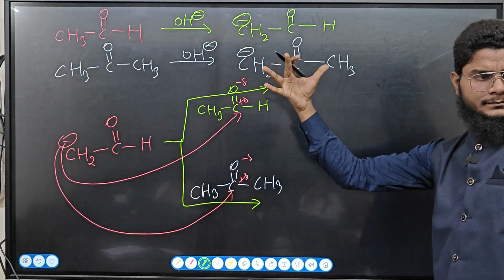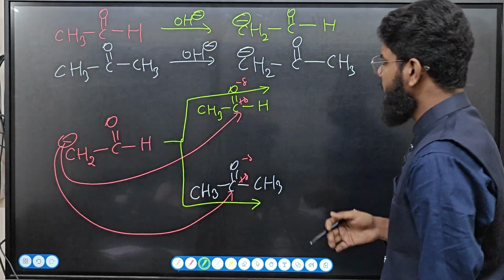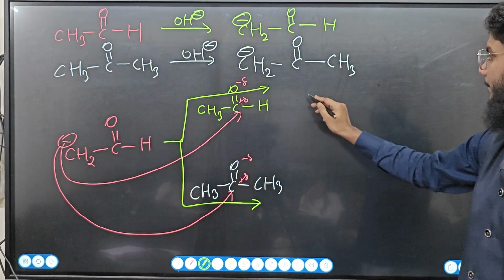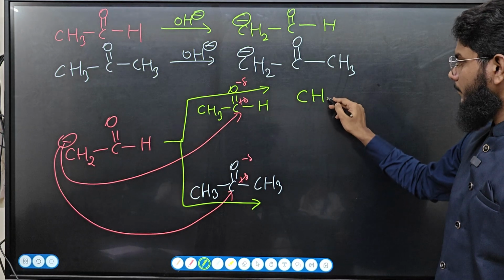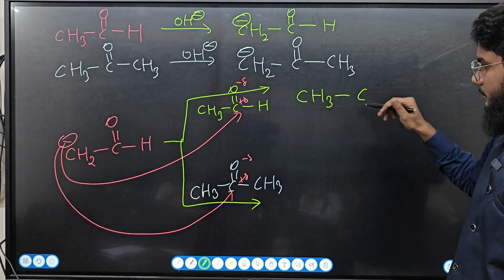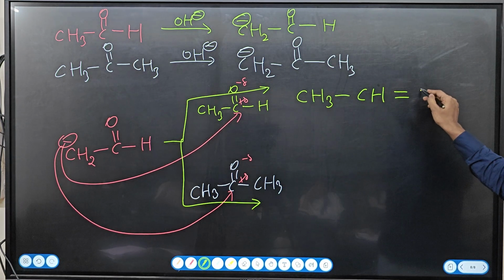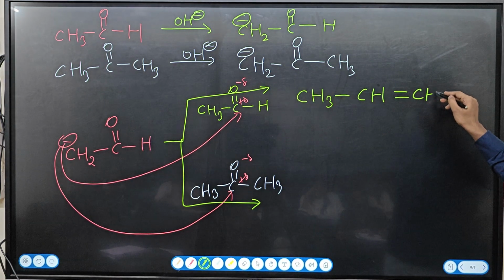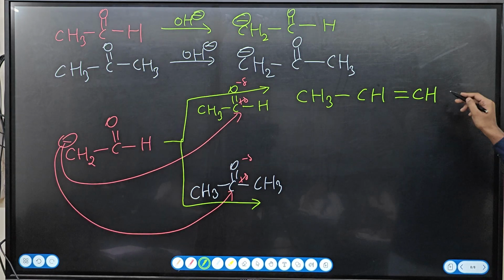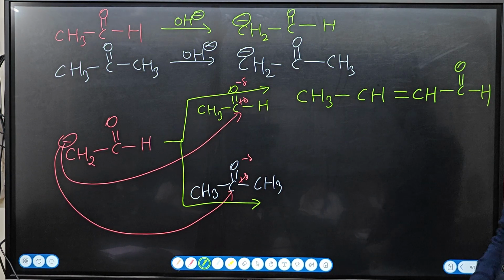So do workup, and there is a chance of removing water. So your final product will be this: CH3, CH double bond CHCHO. This is your final product.